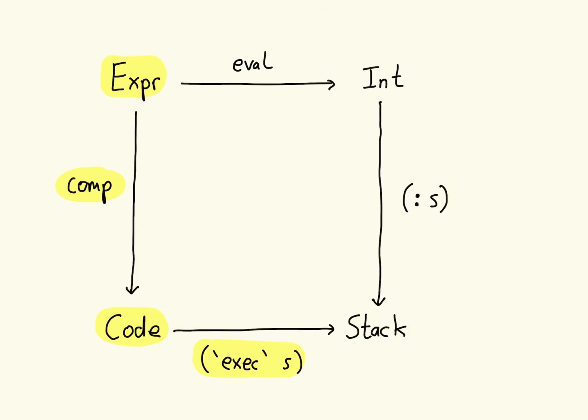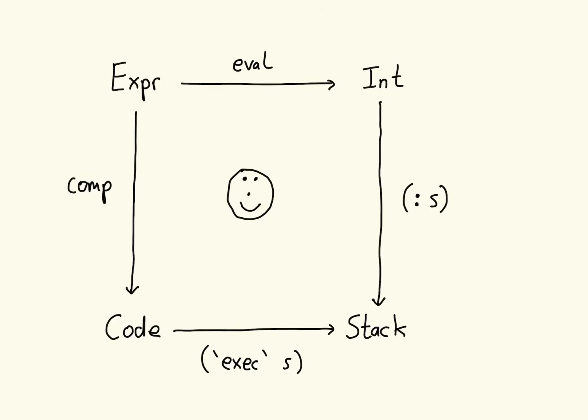And what this square is called is what's called a commuting square. And I like to write a smiley face in the middle to show that the square commutes. And what it means for a square to commute is that both of the two paths always give the same end result. So what does this mean for us?